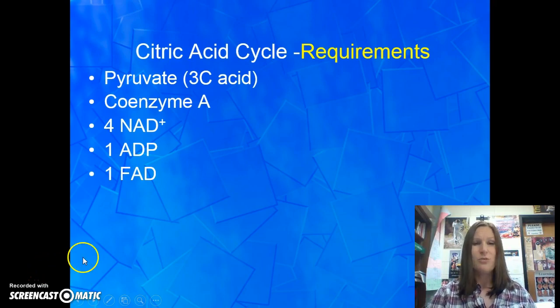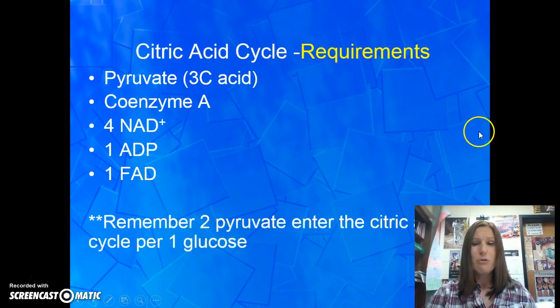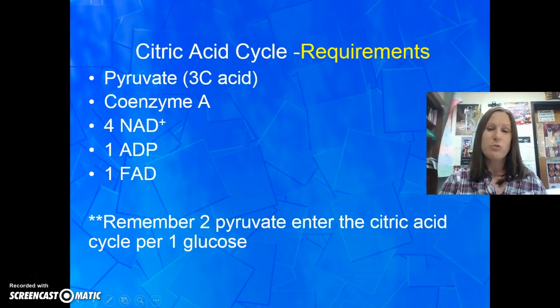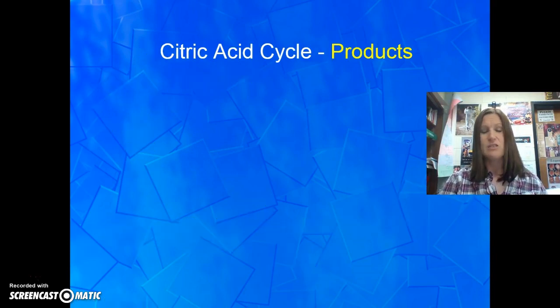Now, just know it's an electron carrier. Okay? Now remember, again, I'm going to say it again and again, 2 pyruvate enter the citric acid cycle per 1 glucose. So this is what we need in order for 1 pyruvate to go through.